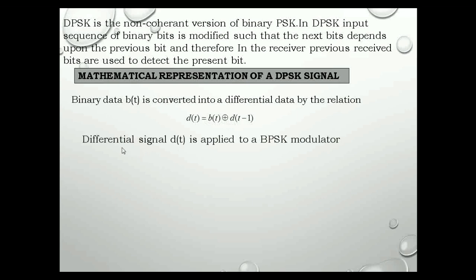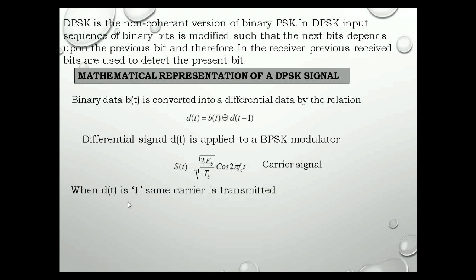Now this differential data is applied to a BPSK modulator with the carrier S of t given by square root of 2EB divided by TB cos 2 pi FCT. Whenever D of t is equal to 1, the same carrier is transmitted and the signal will be represented as S1 of t, which is equal to square root of 2EB divided by TB cos 2 pi FCT.